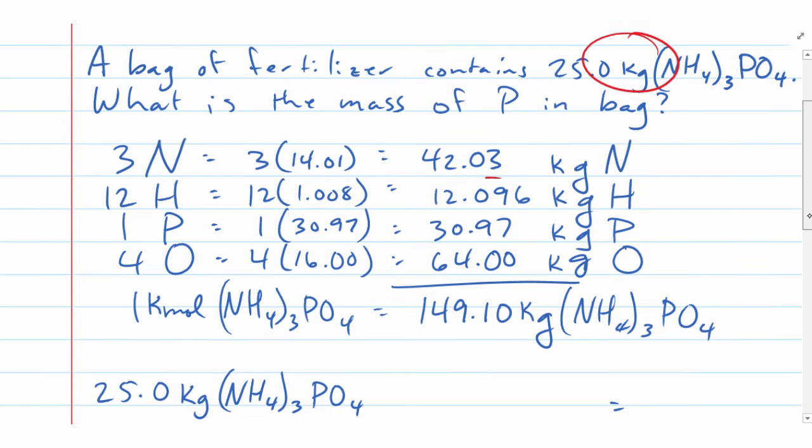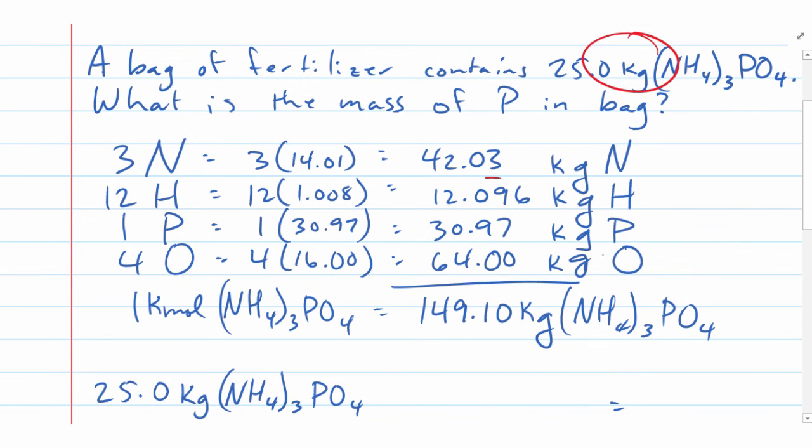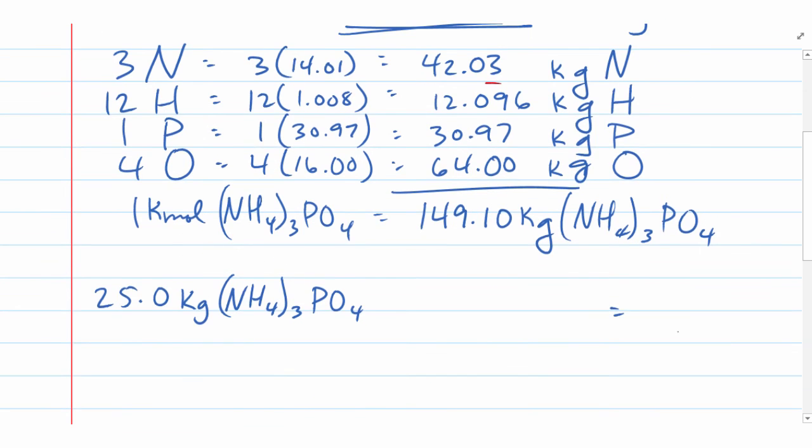And what are we trying to find in this problem? The mass of phosphorus. And mass is measured in which units? Grams. Or in this case, it probably makes more sense to calculate it in kilograms. And so we're calculating the kilograms of which stuff? Phosphorus.